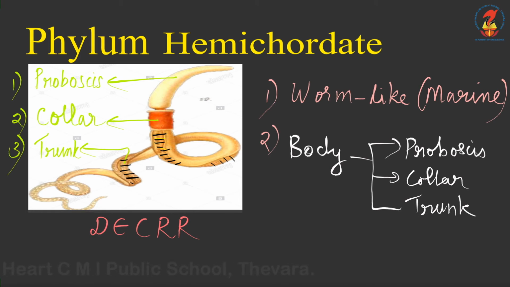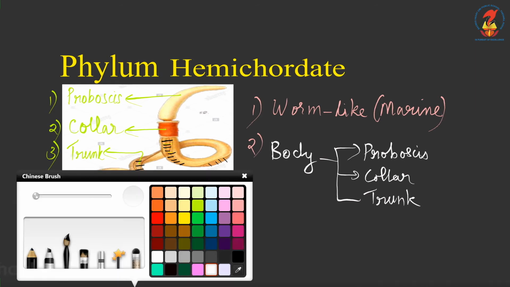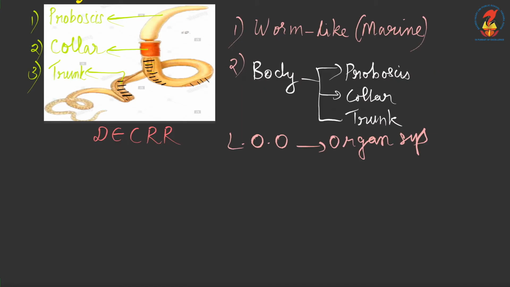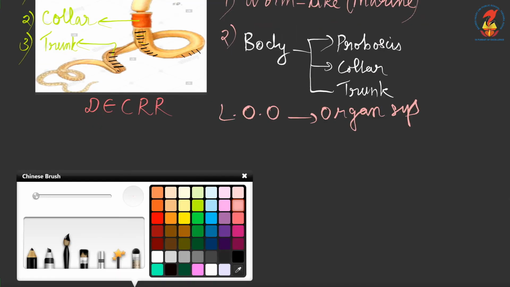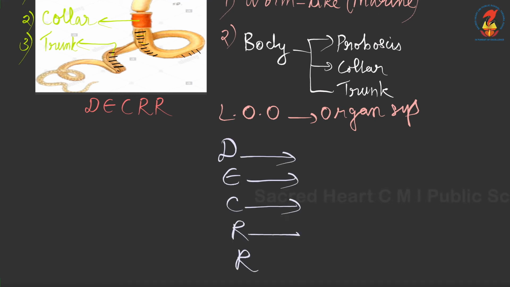Okay. Now, the level of organization, definitely it is coming towards the ending. So, definitely it will have the same level of organization, that is organ system. So, let us analyze the different systems. I have given the short form D, E, C, R and R. D, digestive system, excretory system, circulatory system, respiratory and reproductive system.